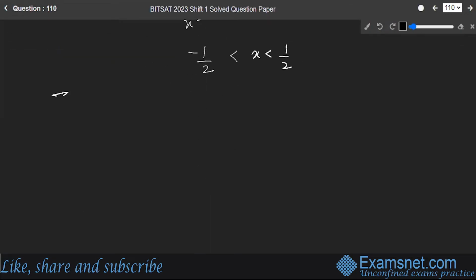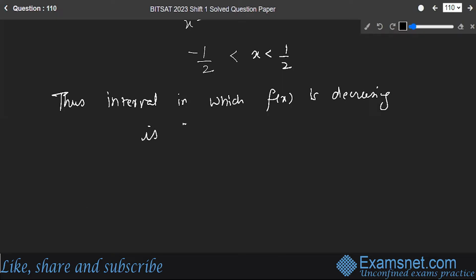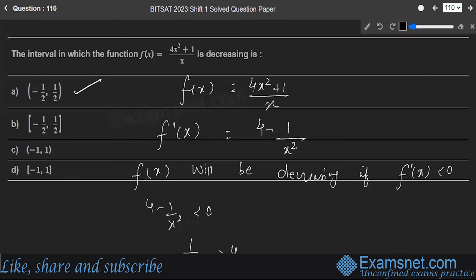Thus the interval in which f(x) is decreasing is minus 1 by 2 to 1 by 2. This is the answer to the question. Option A is the right answer.